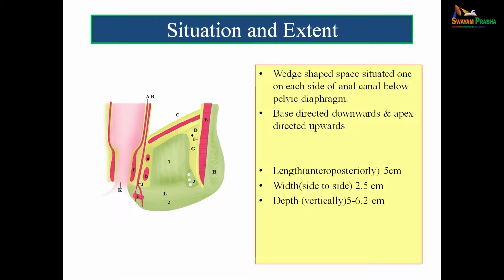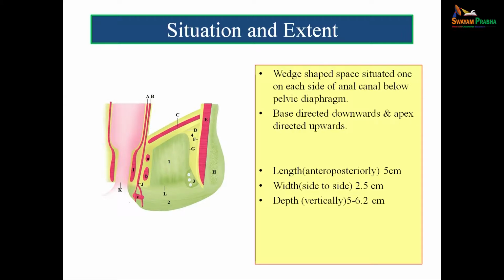It is a wedge-shaped space situated one on each side of the anal canal below the pelvic diaphragm. If you see C in the figure, C depicts the levator ani. So levator ani is the pelvic diaphragm. This fossa is filled with fat. It supports the levator ani muscle on each side, which is forming the pelvic diaphragm.